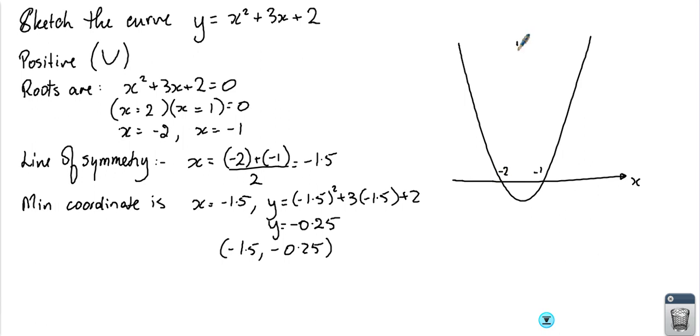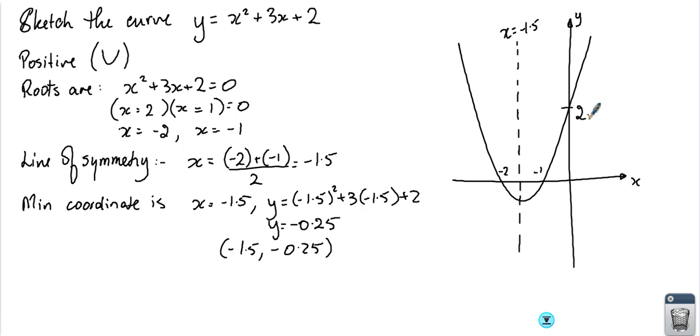Its line of symmetry is x equals minus 1.5. So this is the y-axis and 2 is the y-intercept. The minimum coordinate here was minus 0.25. So that is the sketch of the curve y equals x squared plus 3x plus 2.